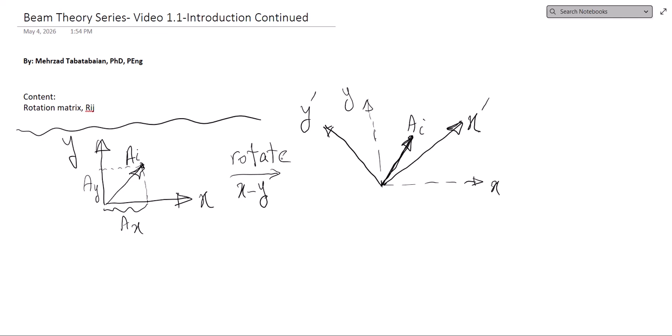You can do it two ways, but I will not go the other way. If you want to refer to this, it is called passive rotation. So in passive rotation, basically you rotate the coordinates and then you keep the material point or the vector as is.